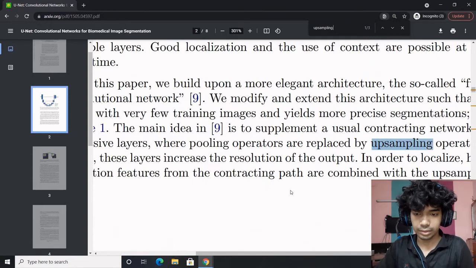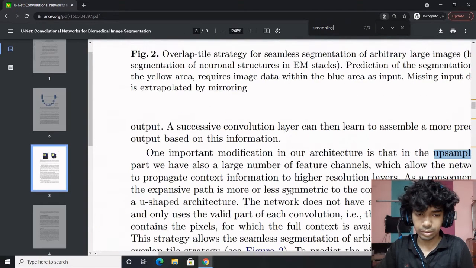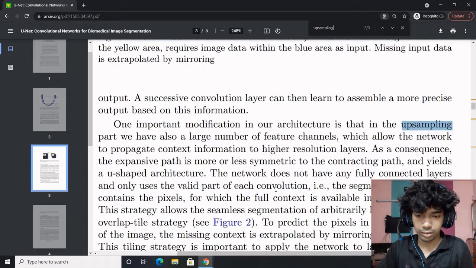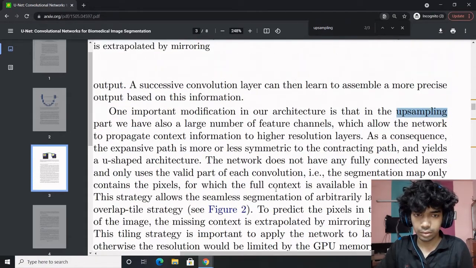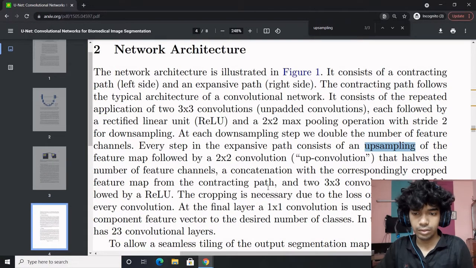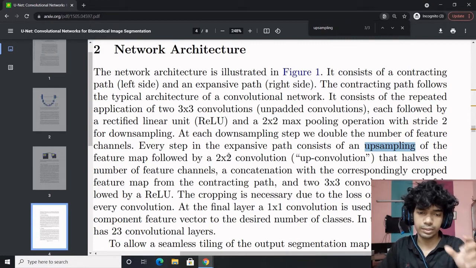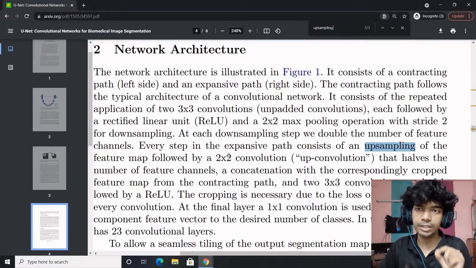Every step in the expansive path consists of upsampling the feature map followed by a 2x2 convolution, which is up-convolution, not Conv2DTranspose. Conv2DTranspose is specifically used in GANs.